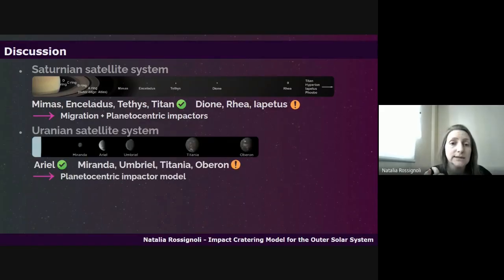For the Uranian satellite system, what we saw is that the heliocentric model was not able to match the observed crater counts on these terrains, especially on Umbriel, Titania, and Oberon, that are the outermost classical satellites. Even though the Voyager 2 images did not have the highest resolution or the highest coverage of these surfaces, it is interesting to see that they are very highly cratered and look very ancient.